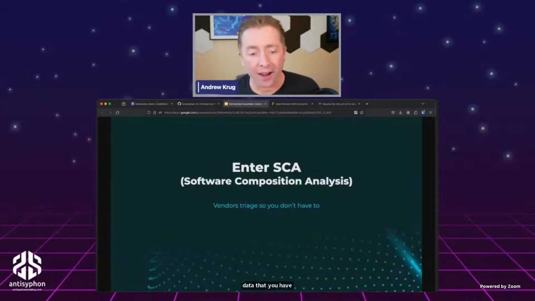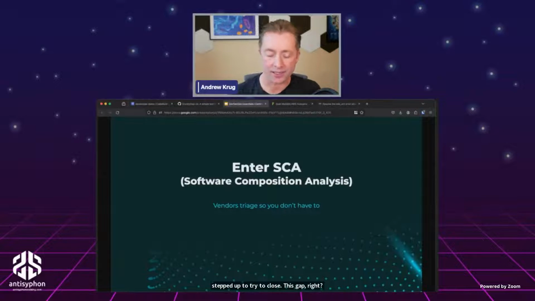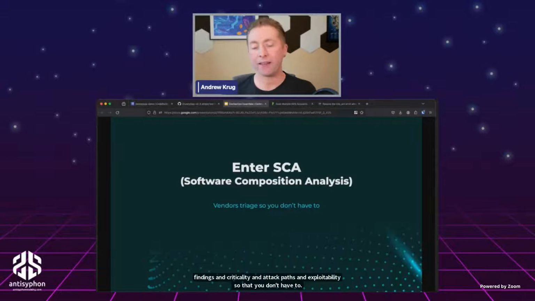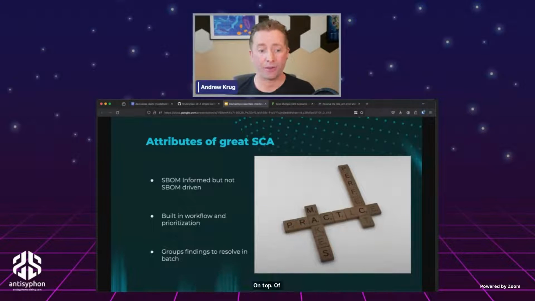This is where the vendor space has stepped up to try to close this gap. That's where we've started to call this thing software composition analysis, where vendors triage all these findings, criticality, attack paths, and exploitability so that you don't have to. Everyone providing a solution for this has their own methodology and scoring system on top of SBOMs. So it's SBOM informed, not SBOM driven.